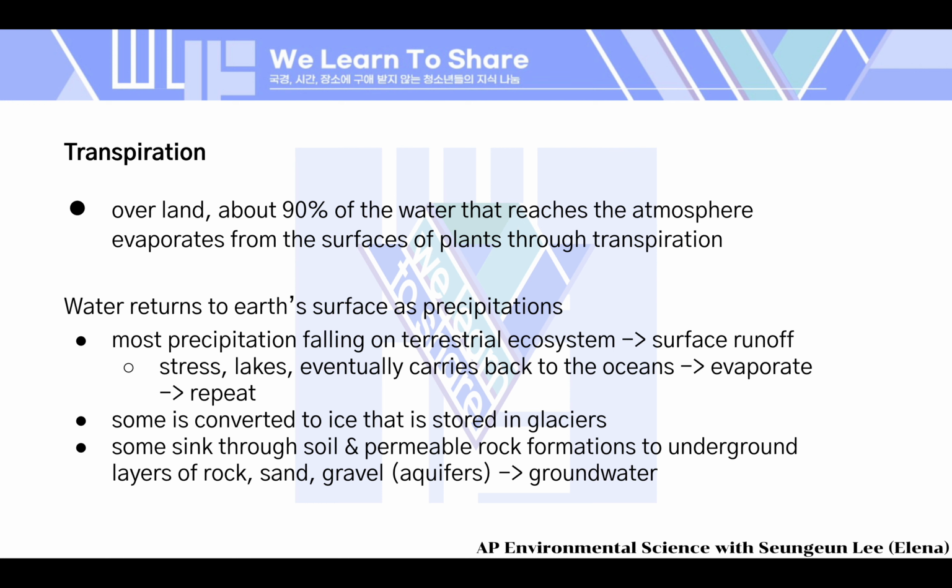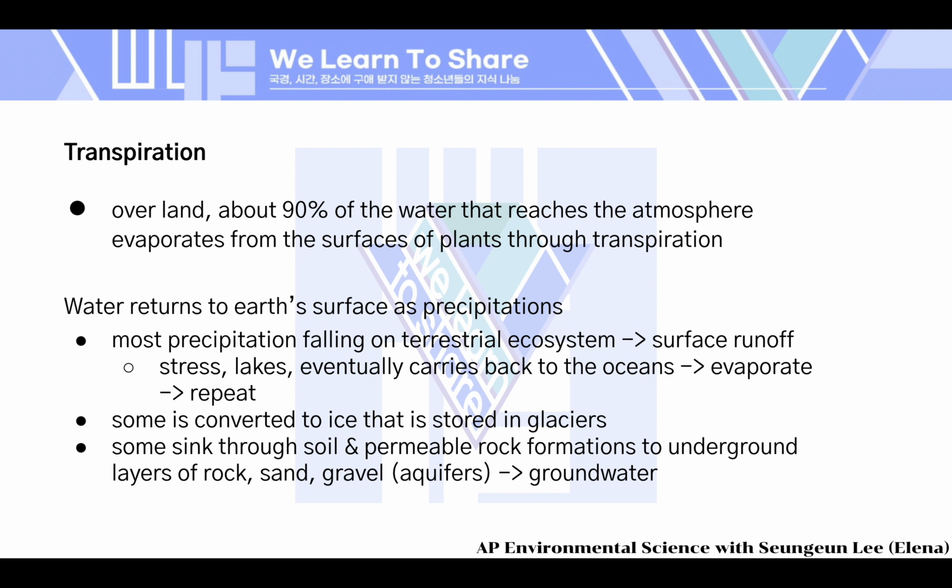And then water returns to Earth's surface as precipitation by rain, dew, etc., driven by gravity, pulled in by gravity. And most precipitation falls on terrestrial ecosystems. That's called surface runoff, and it includes streams, lakes and such, which will eventually carry the water back to the oceans, right?